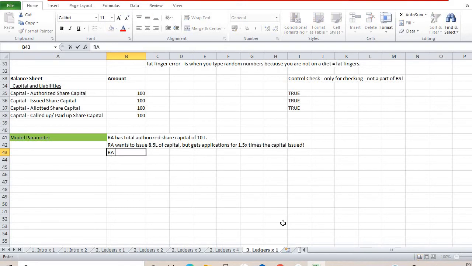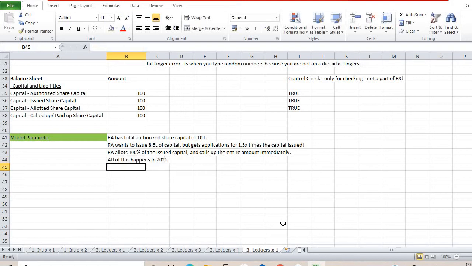RA allots 100% of the issued capital and calls up the entire amount immediately. All of this happens in 2021.